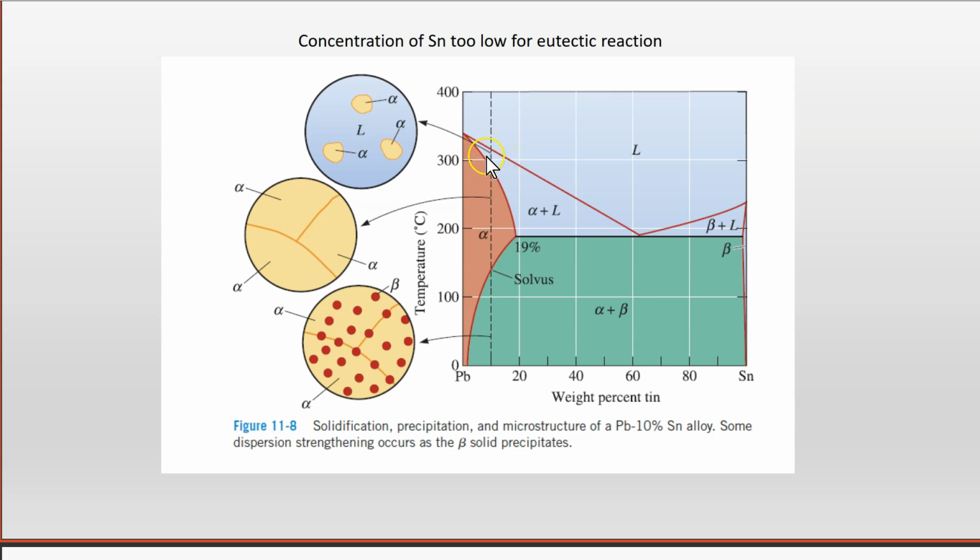And here we have some alpha forming within the liquid. Then at a certain point, it becomes single-phase alpha. As we cool further, under equilibrium conditions, we should start to see some of the beta phase precipitate out into the alpha. And this occurs in the solid state, so it's a very slow reaction.